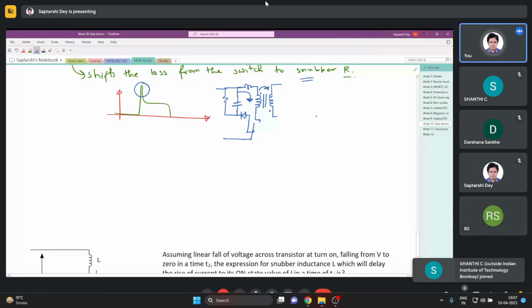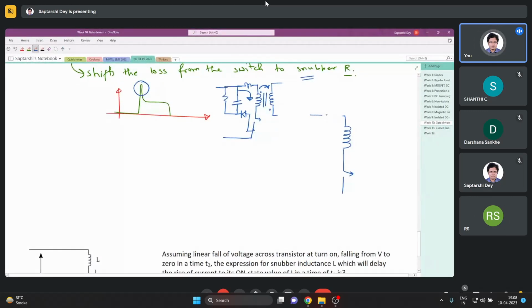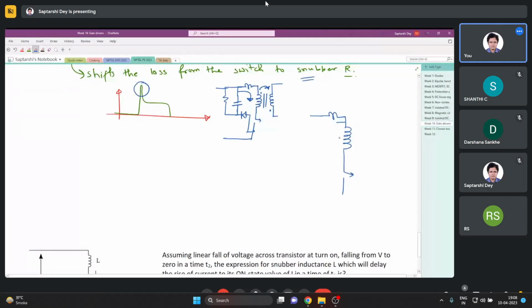Now if you look at this topology, let me draw the equivalent circuit.